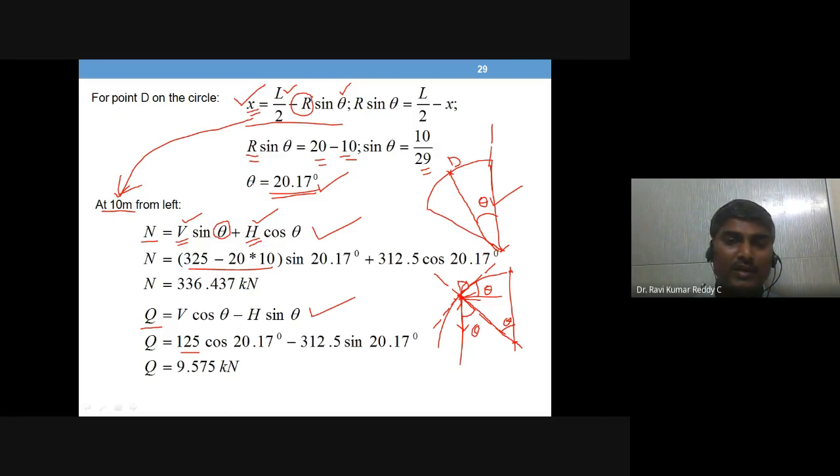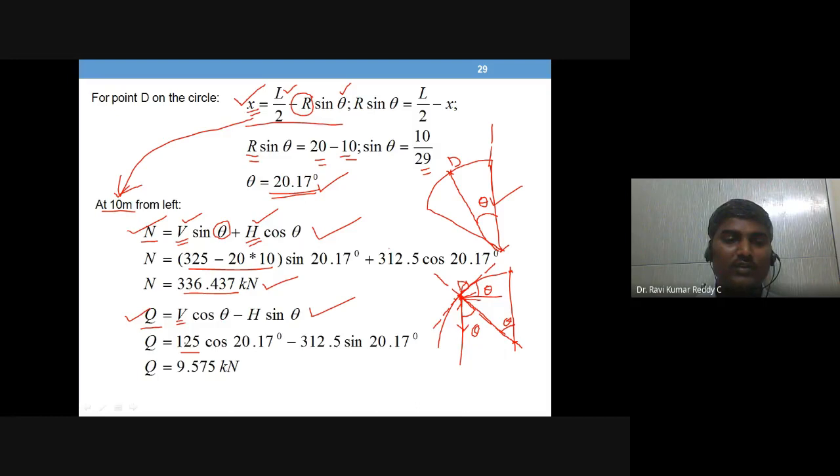Okay, right. Now once you know the theta value, simply substitute in this expression, the H value is substituted, cos theta where theta is 20.17 degrees. So you will get the N value as 336.437 kilonewtons. Okay, now let's come to the Q value, radial shear. So simply all the expressions are known to you.